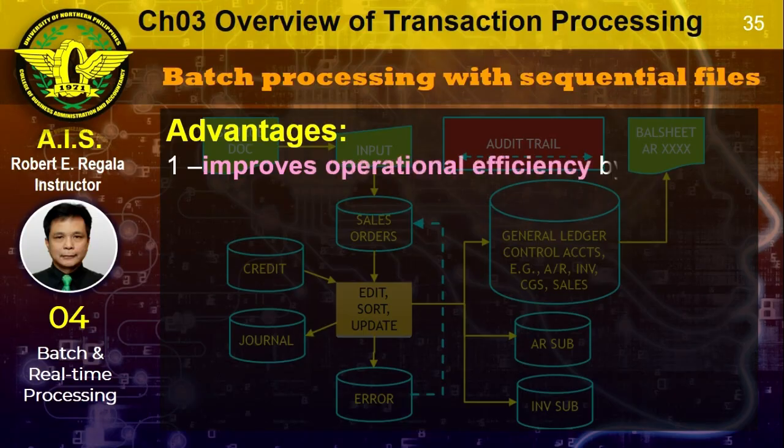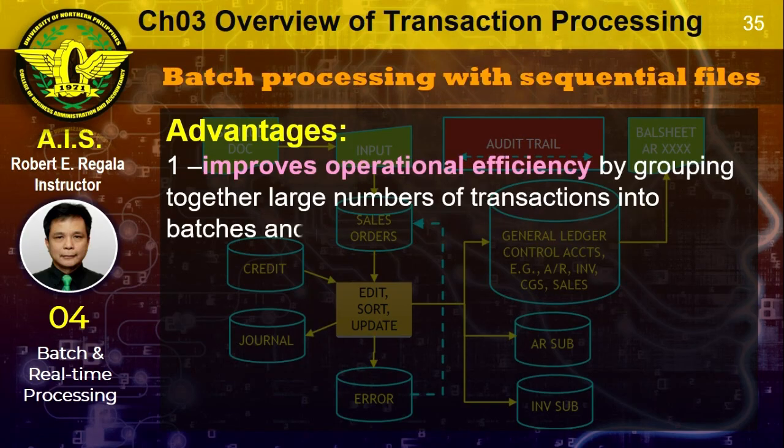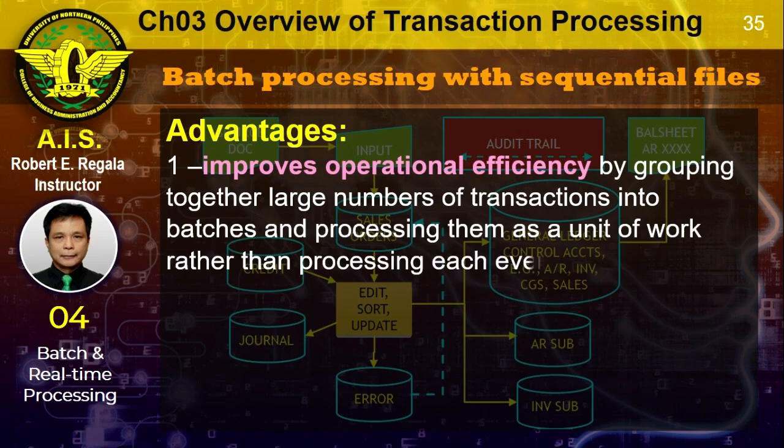Number 1, organizations improve operational efficiency by grouping together large numbers of transactions into batches and processing them as a unit of work rather than processing each event separately. Economies are derived by making transaction batches as large as possible.